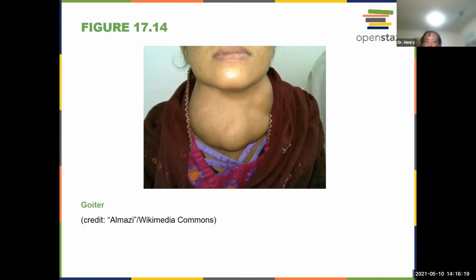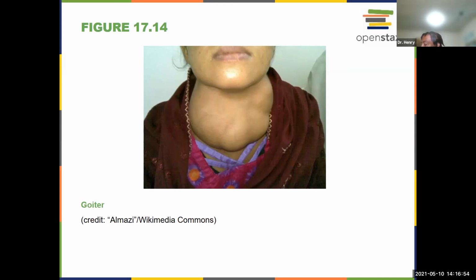We need iodine for normal development, and iodine is needed particularly in the thyroid. So we need to have enough iodine to allow for the synthesis of T3 and T4. And if we don't have enough, like I said, we'll end up with children that have cognitive defects, short statures, deafness, and muteness.